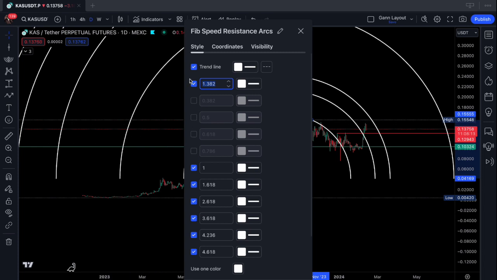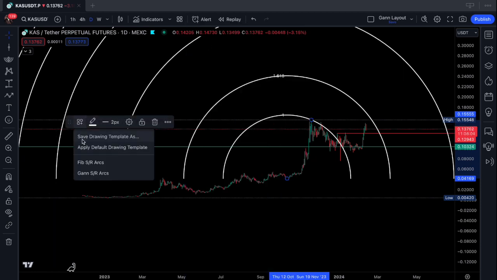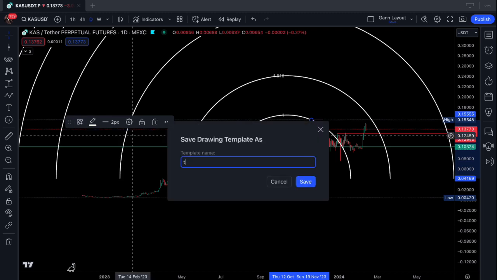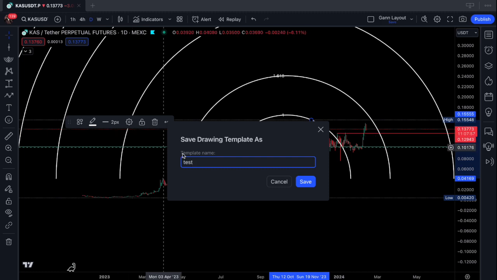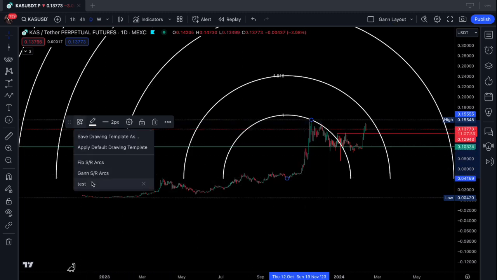Let's say that this is a template that I want to save. Then what I do is I save drawing template as, and we can give it a name. Okay, now we have this template as one of our templates.